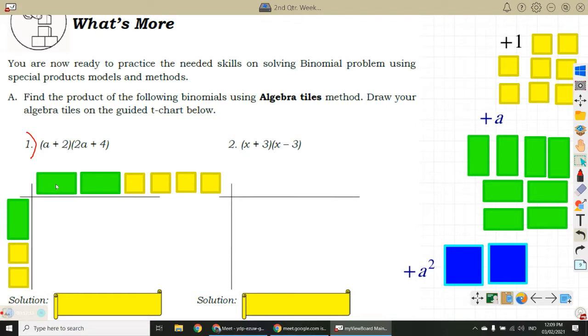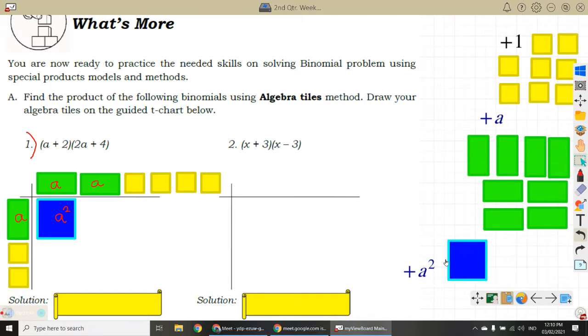If this is a, and then this is a, then we'll be having a squared. A squared is represented by this one. Same with this one. If this is also a, times a, you will have a squared represented by this one.